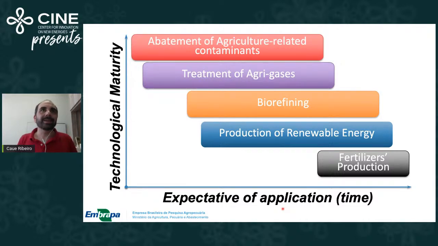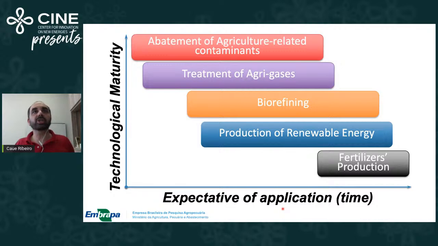You can see that the abatement of agriculture-related contaminants, for instance pesticides, most of them are pesticides, but also hormones, veterinary medicines, and other contaminants like this, have been under exploration since the 70s of the last century. But most of these technologies, although they are at a good level in terms of technological maturity, are still not applied on a large scale.